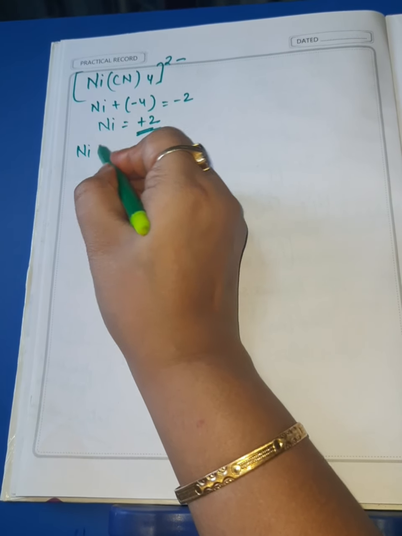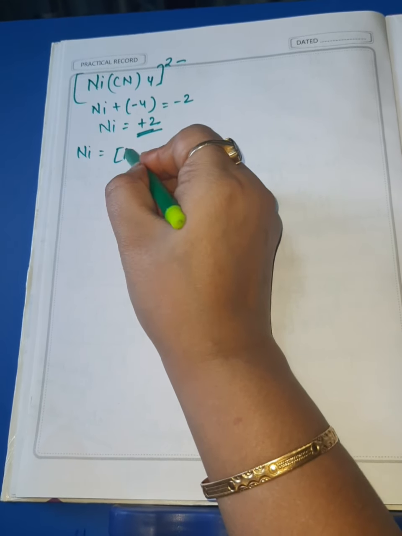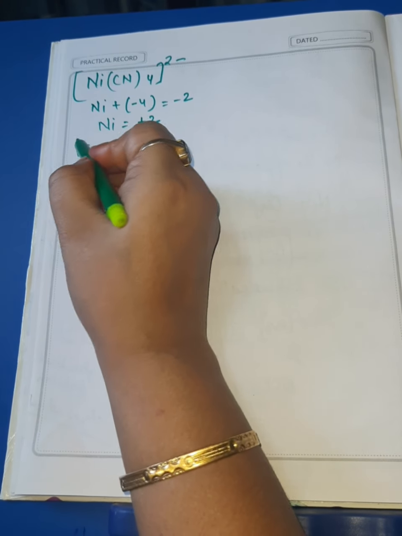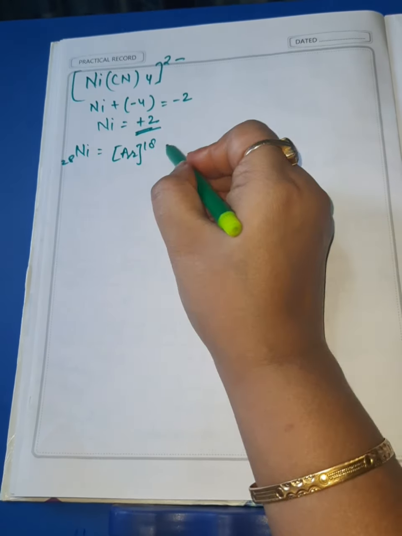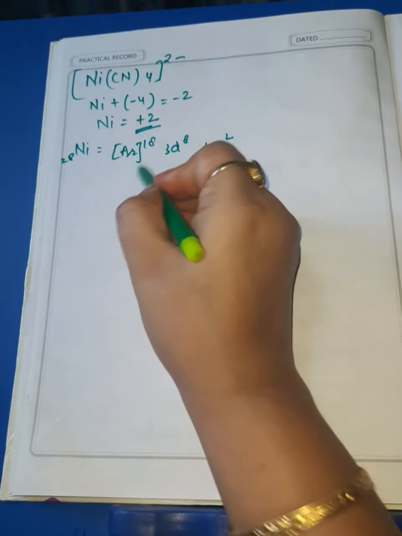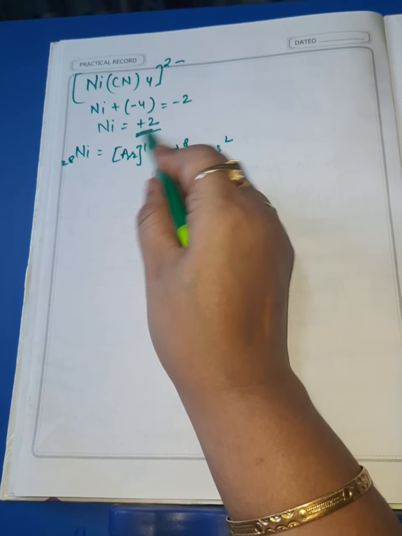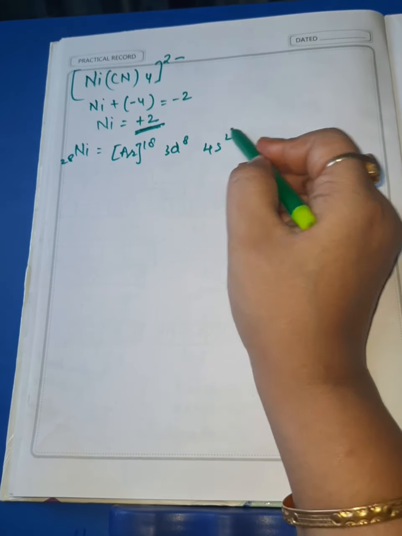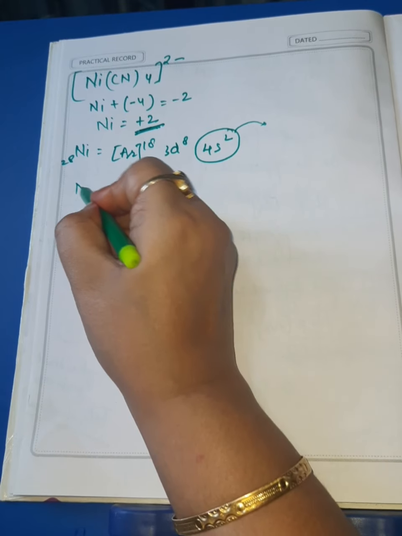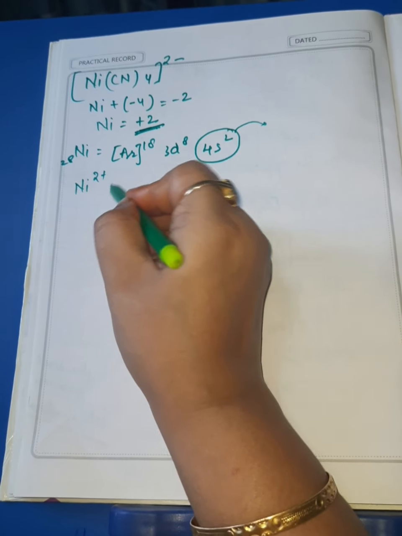Now nickel's ground state we have seen, argon 18, and I hope you remember its atomic number is 28. Alright, argon 18, 3D8 and 4S2. So in the plus 2 oxidation state it forms the compound. That means these 2 electrons from the outermost orbital will be lost when it changes into Ni2+.